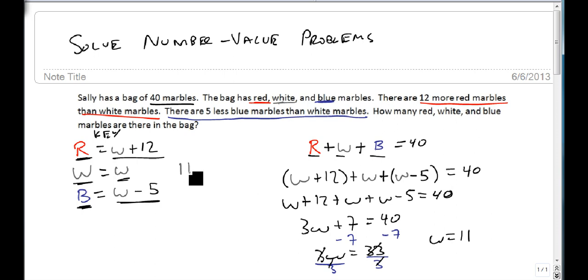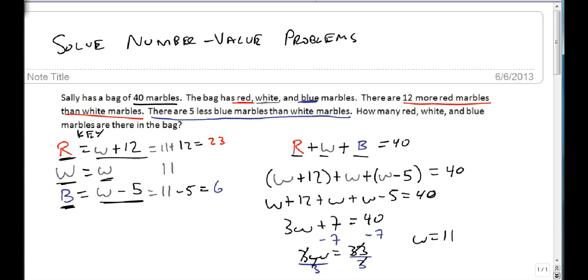That means we need to have 12 more than that for our red, so 11 plus 12, which gives us 23 red ones. We do the same thing for our blue: 11 minus 5 is 6. So we have 11 white, 6 blue, and 23 red according to our key.